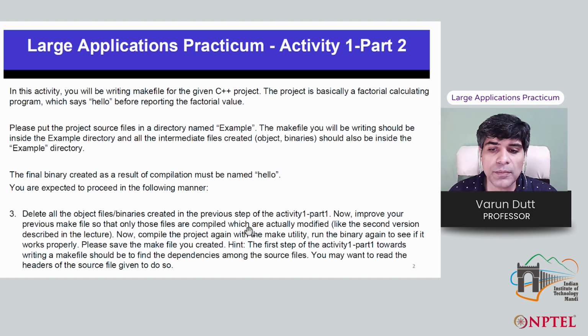Then we want to modify one of the files or statements in the CPP file, and run make again and see which files get compiled. Generally, the file which was changed will be compiled, other files will not be compiled.